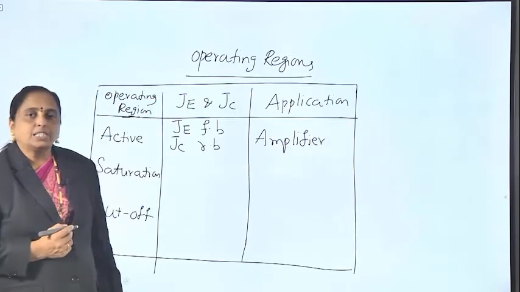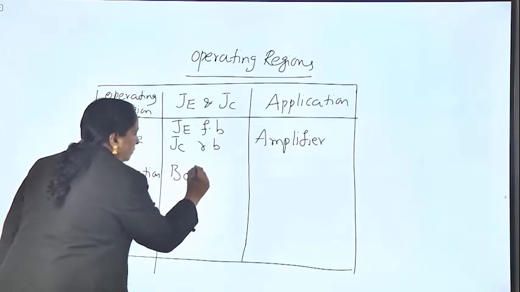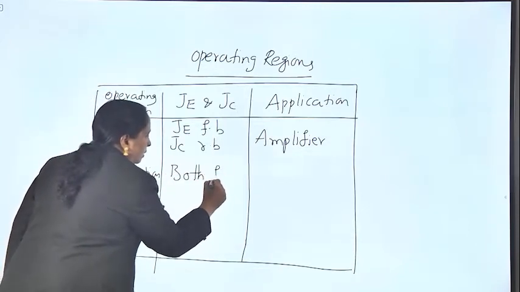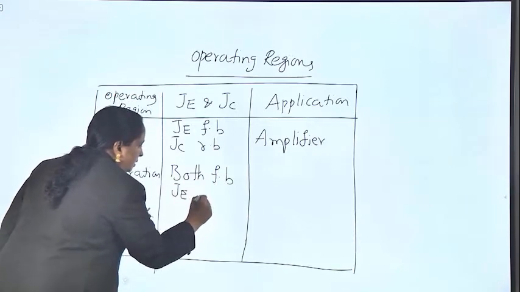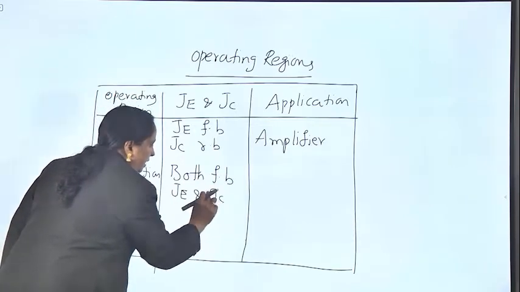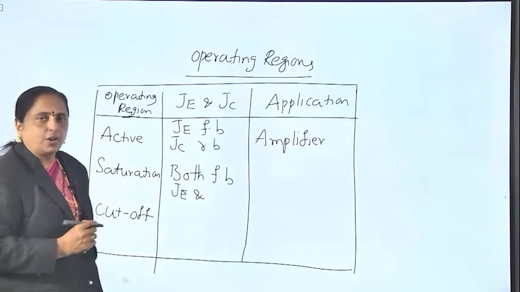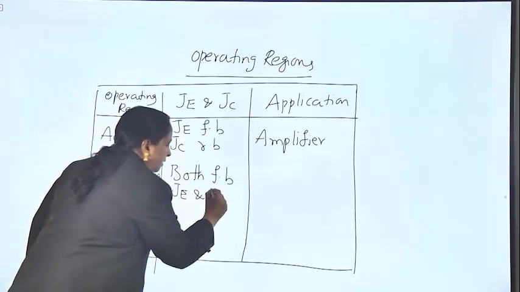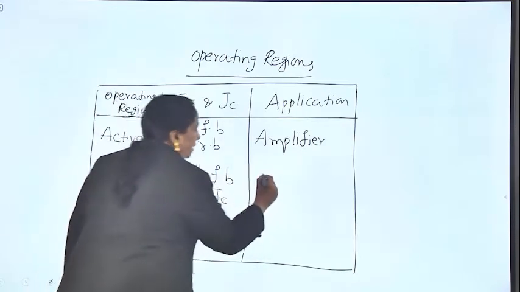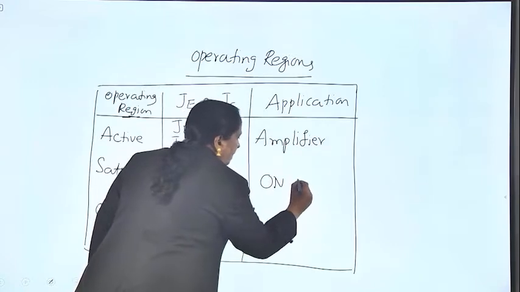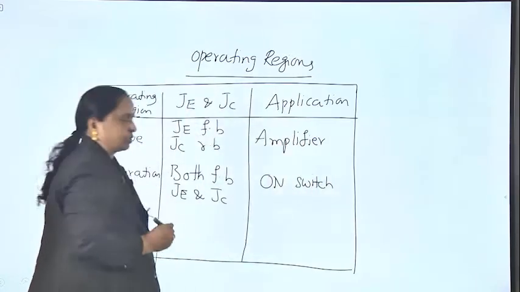The second one is the saturation region. Saturation means both JE and JC are forward biased. If both the emitter junction and collector junction are forward biased, that is known as the saturation region. Here the important application of BJT is as an on switch.